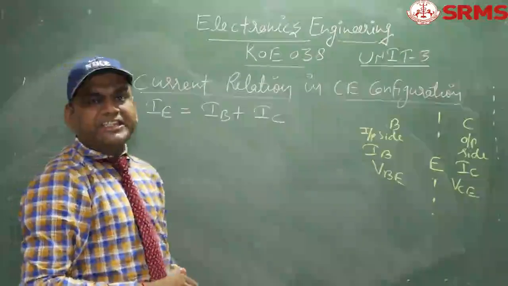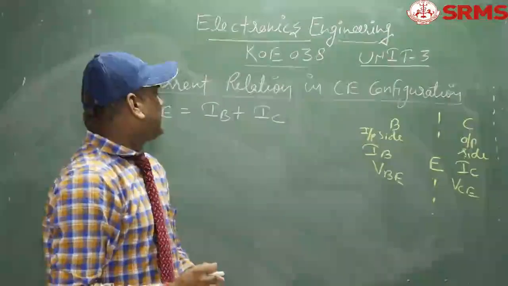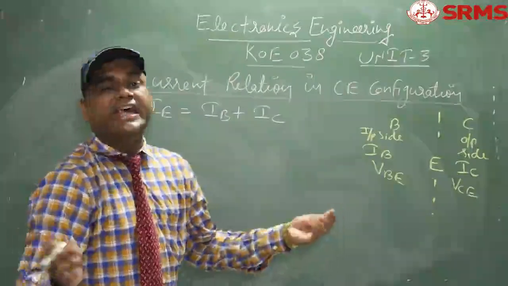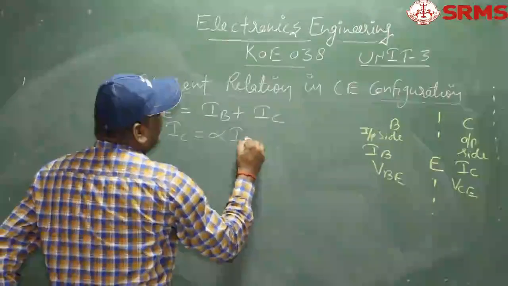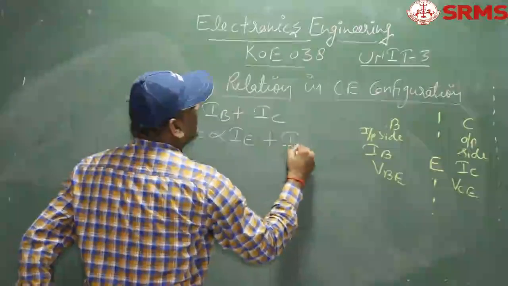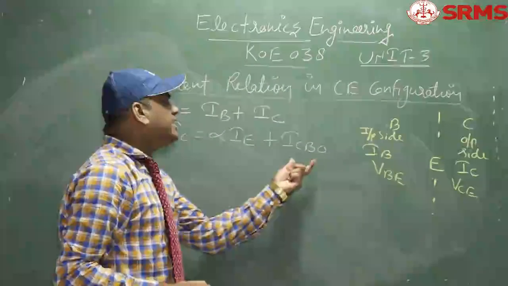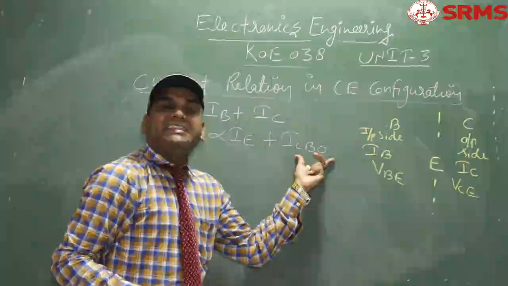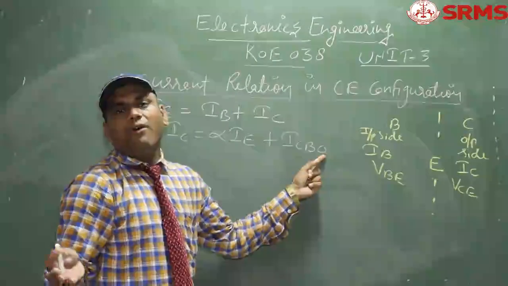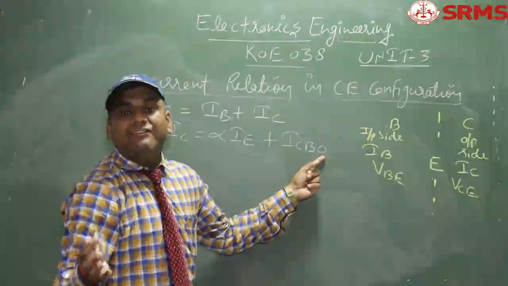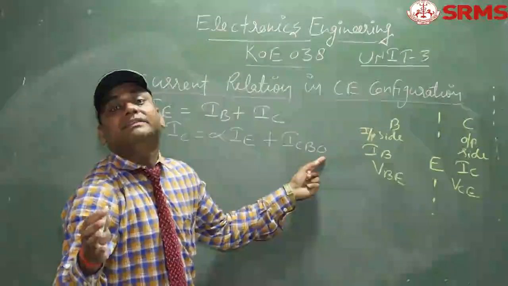As far as transistor action is concerned, IC is defined as alpha times IE plus ICBO, where ICBO is the collector to base leakage current. O stands for open, that means whenever the input junction is open.